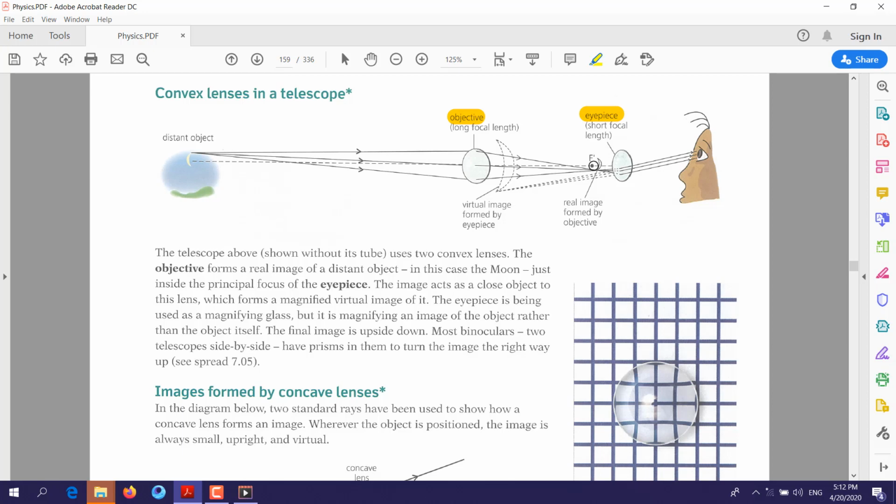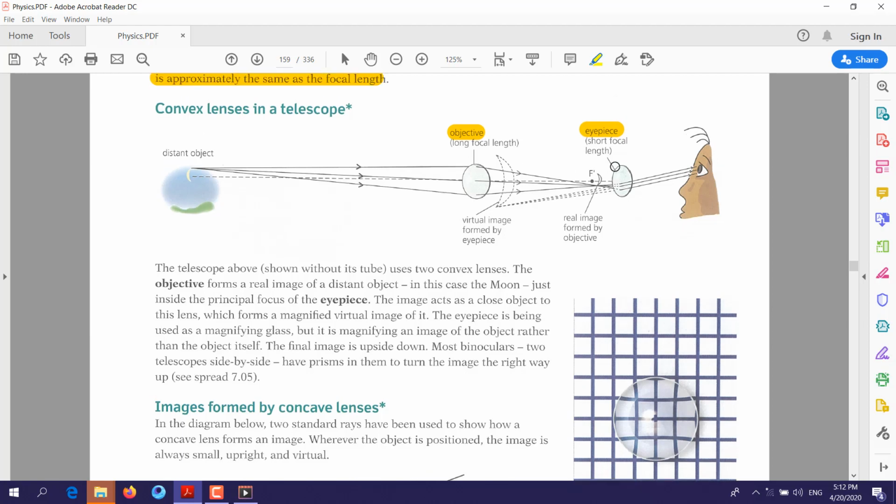Okay, this F is the principal focus of the eyepiece. Where is the image formed? Inside. Now, what will happen to the image that is formed inside the principal focus? Or in other words, what will happen to the image that is closer to the convex lens?